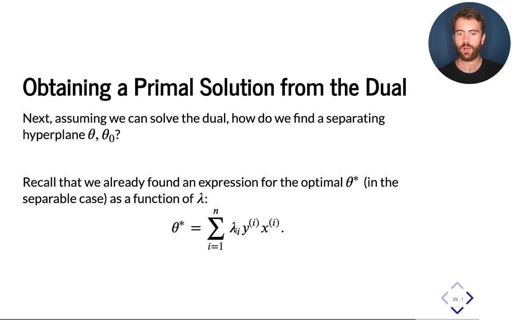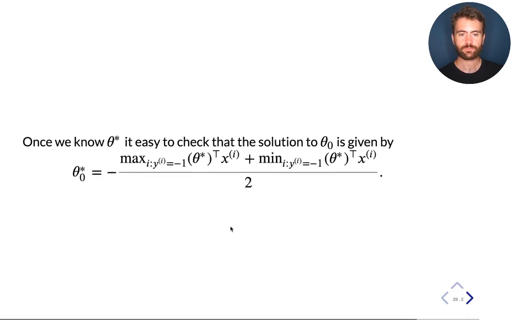Given that we have optimized for lambda, we know that for any lambda, the optimal theta must have this form, and in particular, the theta for the optimal lambda must have this form as well. And because of the duality property, we know that this theta must also be a minimizer of the primal. So here we have a simple expression for the primal variables as a function of the dual variables.